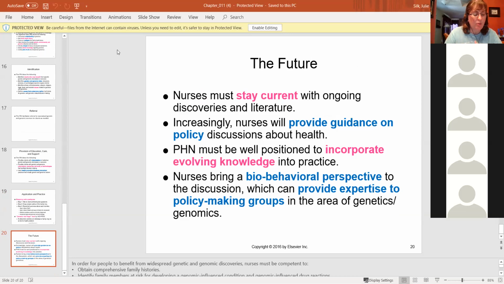We also should help people make informed decisions about and understand the results of their genetic and genomic tests and therapies. And then also refer at-risk people to appropriate healthcare professionals and agencies for specialized care. So that's kind of the gist of this chapter. It wasn't too long.